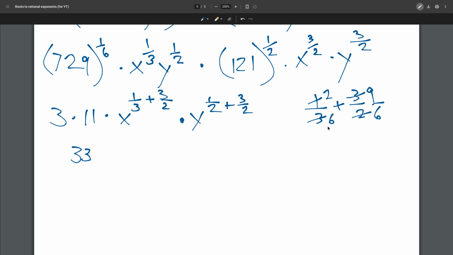So it's going to be x to the 2 plus 9 is 11, 11/6. Okay, and then y, 1/2 plus 3/2 is 4/2. 4/2 is just 2, so it's going to be y squared. Okay, and there you go.